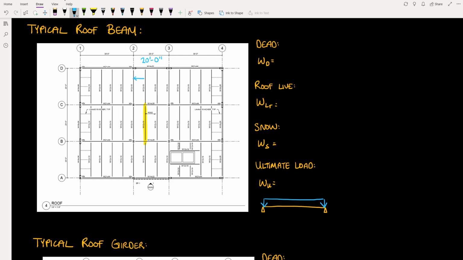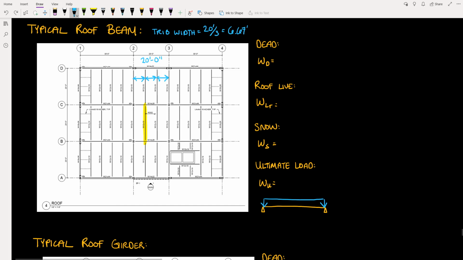So there are 3 spaces here between grid lines 2 and 3, which means that the spacing of the beams is 20 feet divided by 3. So the tributary width is 20 feet divided by 3, or 6 foot 8.